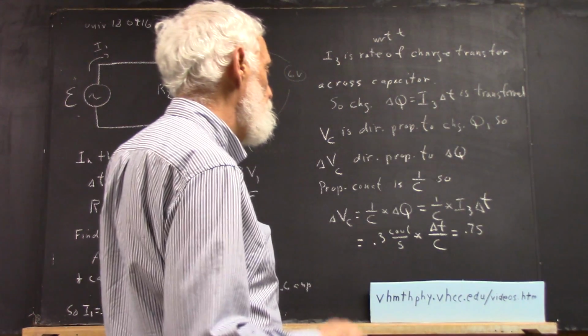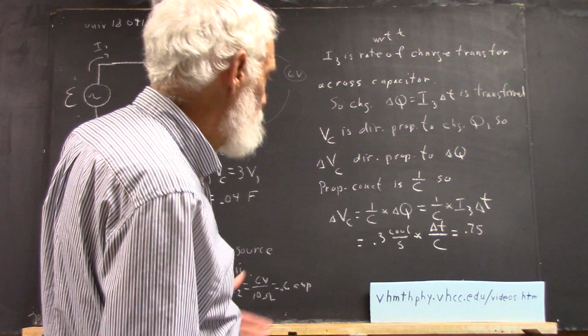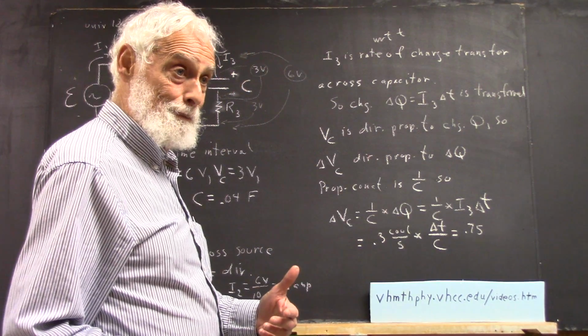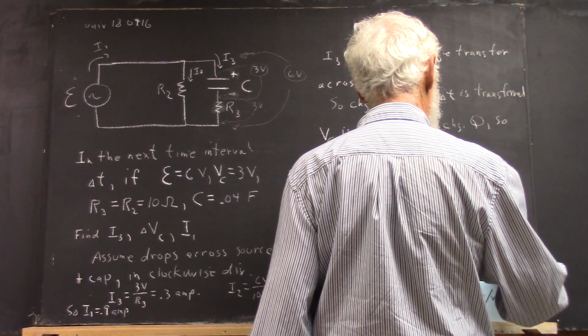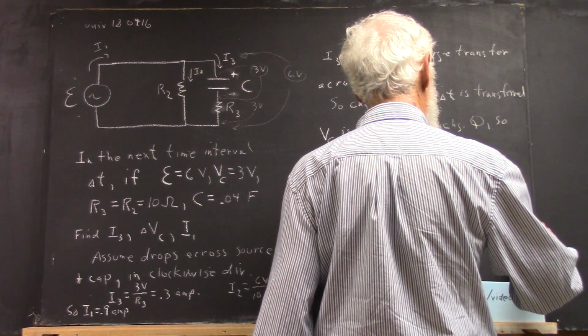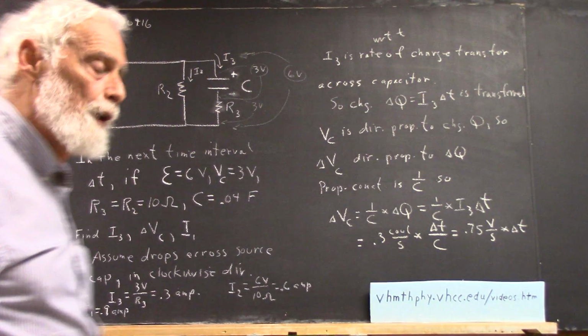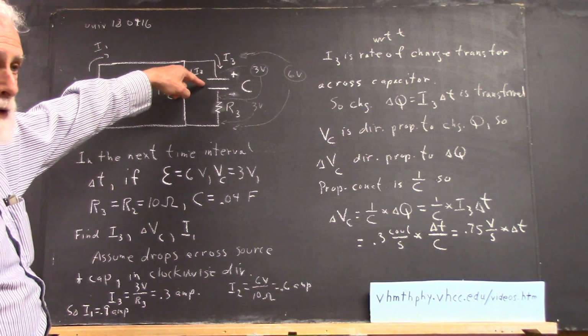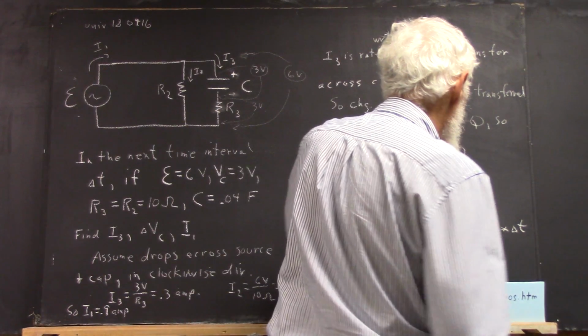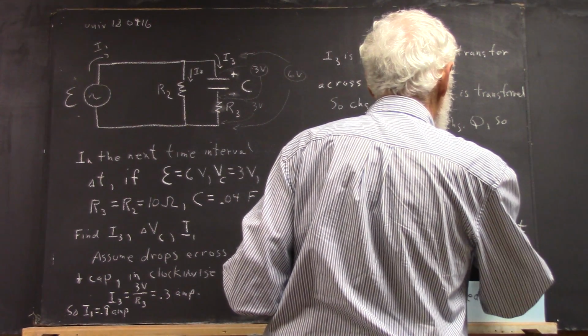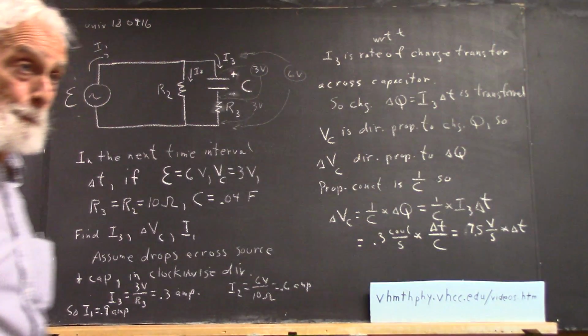It's going to be in volts per second. So now we know the voltage in this capacitor is changing at, and it's not 0.75, it's 7.5, it's changing at 7.5 volts per second.